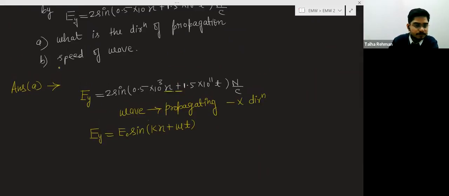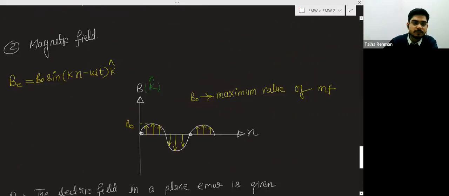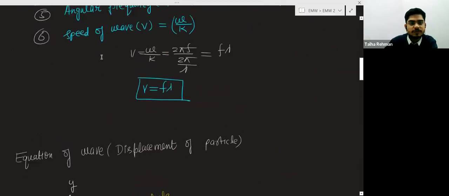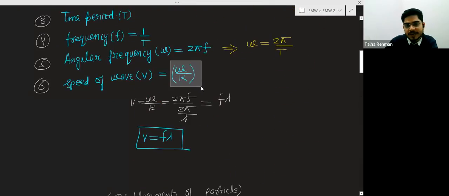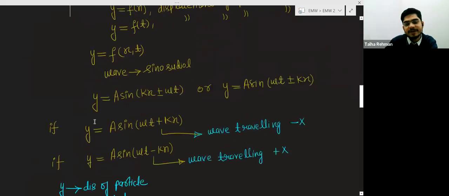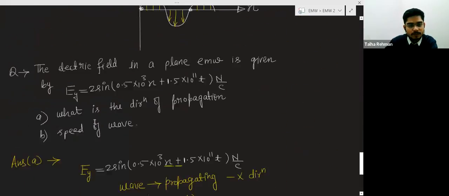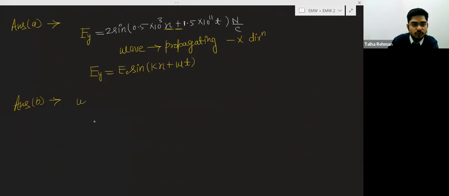Speed of the wave. What is the formula? Speed of the wave is given by omega divided by k.